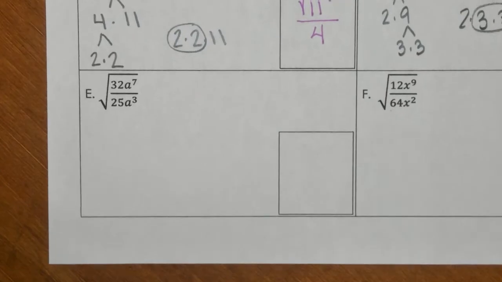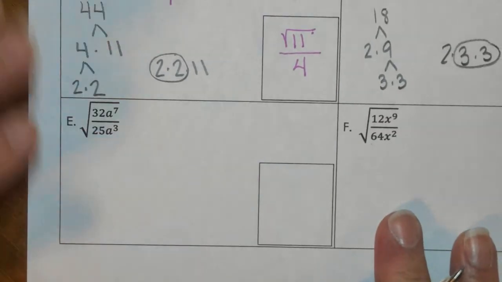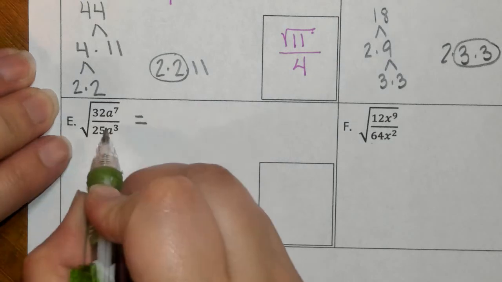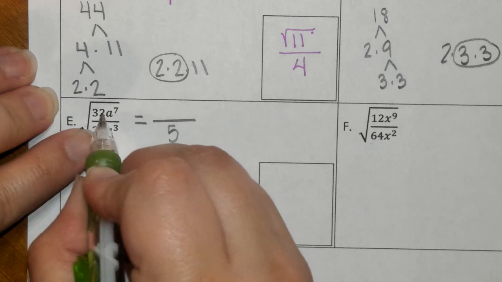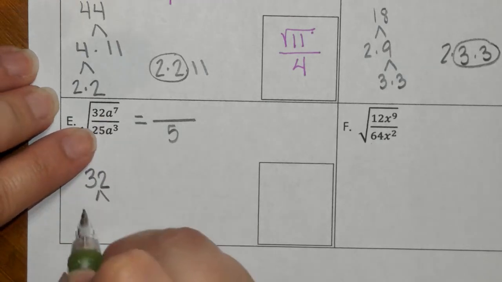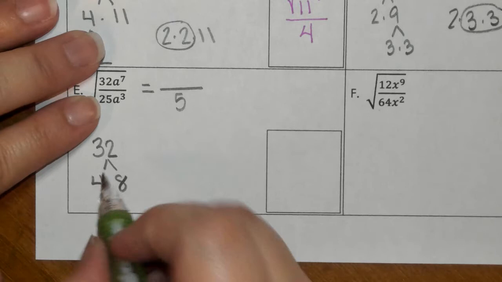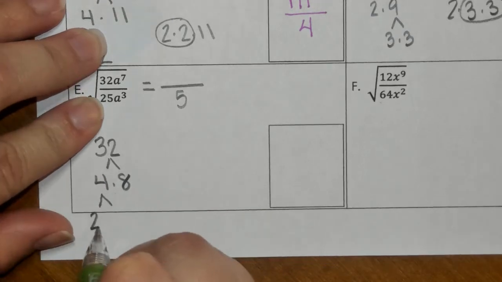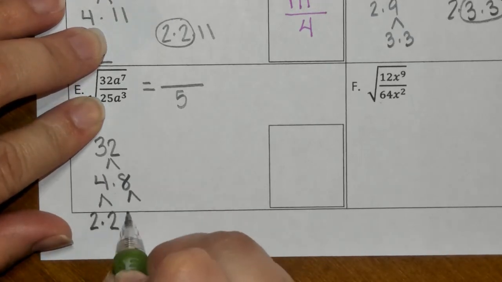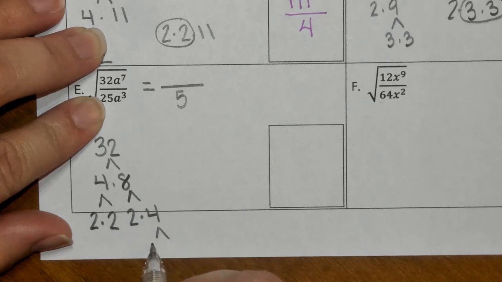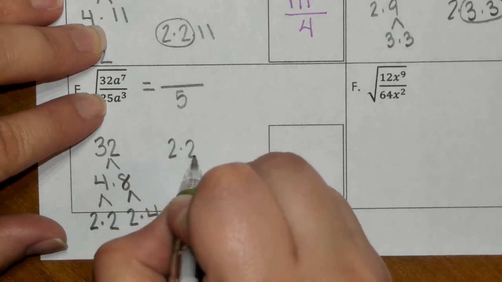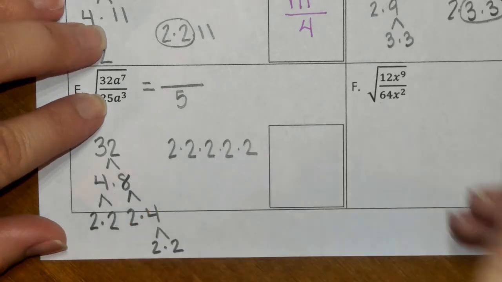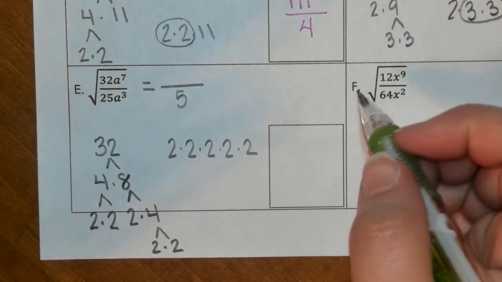Okay. Last but not least here, we got E and F with variables. Okay, so first we have 3 parts to work with. The 25, that's going to make 5. Okay, we're going to work with the 32 next, and we're going to go with 4 and 8. So we have 5 2s. Okay, now, before I circle anything, let's take care of the a's.